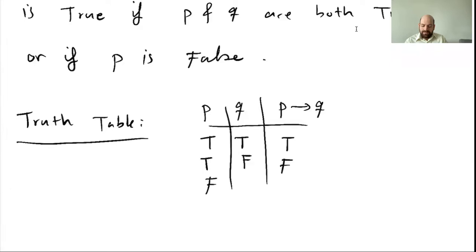But if P is false, then P implies Q will be true, regardless of whether Q is true or false. In other words, from a false statement, I can conclude a true or a false statement, and the compound statement will still be true.